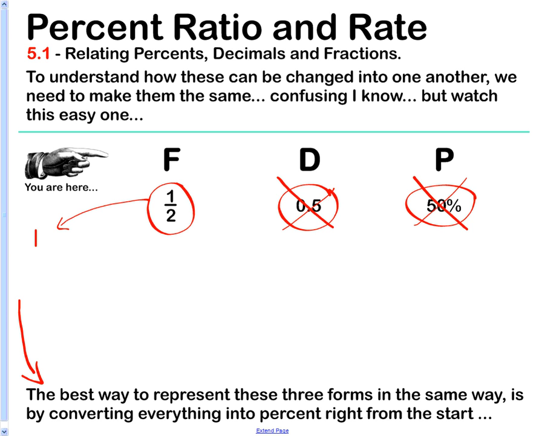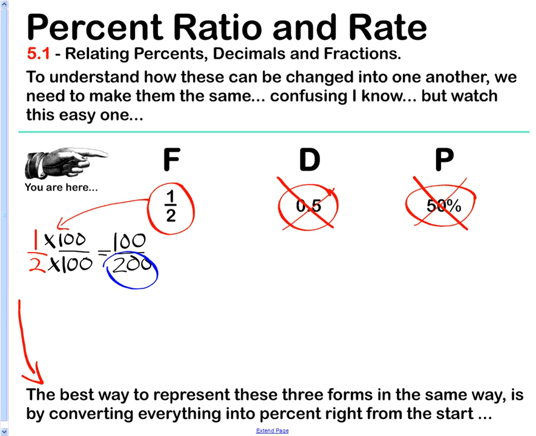The easiest way to convert that bottom denominator into a 100 is to multiply it by 100. And remember that with fractions, what you do to the bottom, you have to do to the top. So we would do the exact same thing to the top, and what we would end up with is 100 over 200.